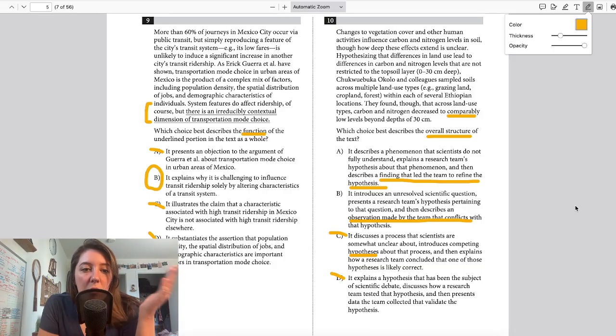No matter what they're using the land for, it's still hitting the same barrier, same marker at the end. So this one, I believe, is B, because it doesn't really go as far as to say that they refined the hypothesis or how they changed it. They just say, oh, this weird thing came up in the results. Great, and then presumably in the next round of testing, they will refine the hypothesis.